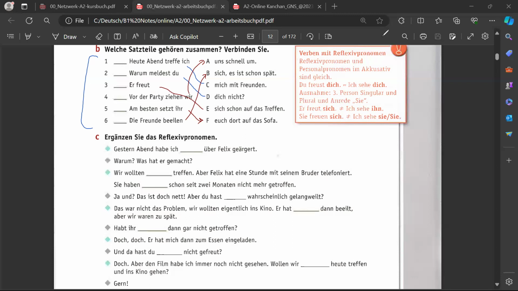I'm not sure about the meaning of that one. He is looking forward already to this meeting, or we can say he is already happy for the coming meeting. So Treffen is here the meeting.